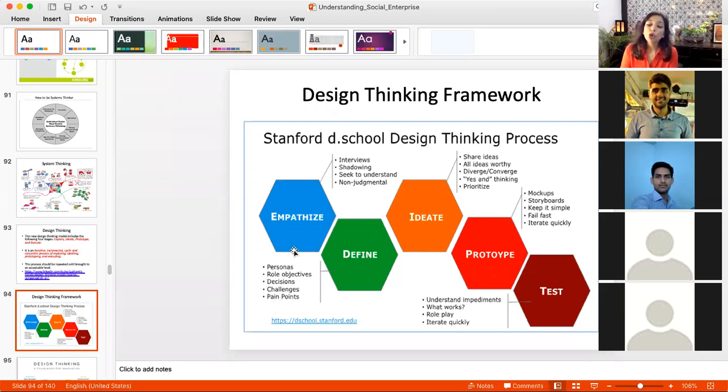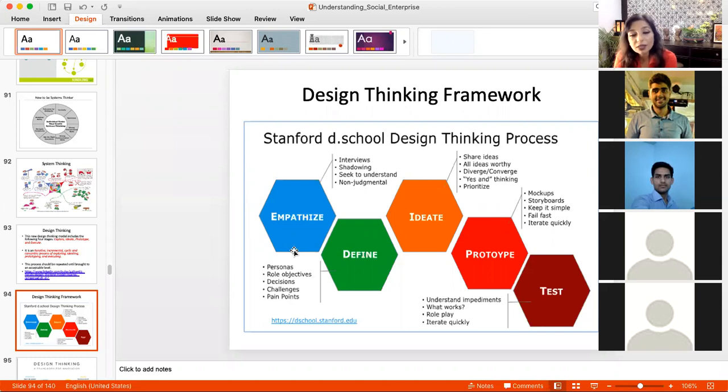And then once you have this empathy, you move on to the next stage, that is defining a problem. And how do you define a problem? You need to have this clear perspective. You need to have this understanding about what the needs are, what the roles and objectives are, and what needs to be decided, and what the pain points, challenges, and decisions are that we need to take.